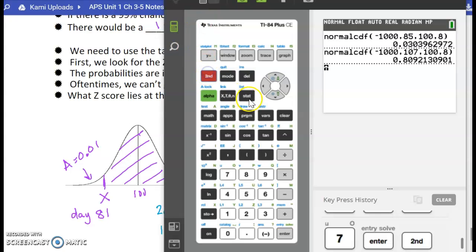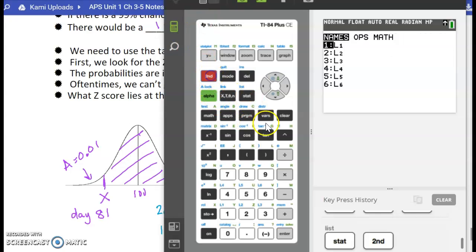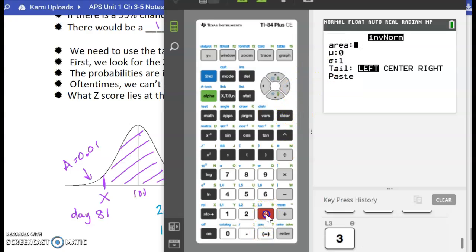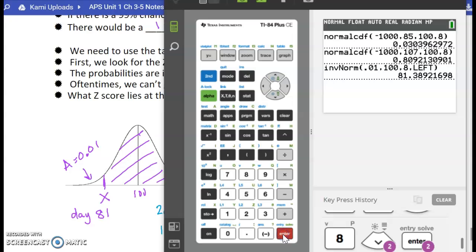Okay, so second distribution. We're going to do number 3, inverse norm. And the area we're interested in, 0.01. The mean is 100. Standard deviation was 8. And the tail, we're going to just look to the left here. Hit enter. 81.38.